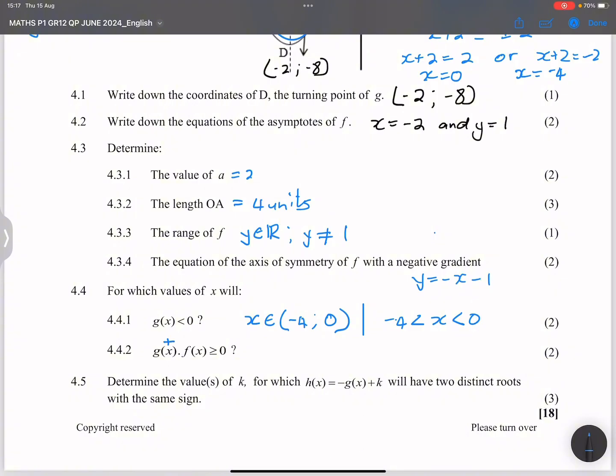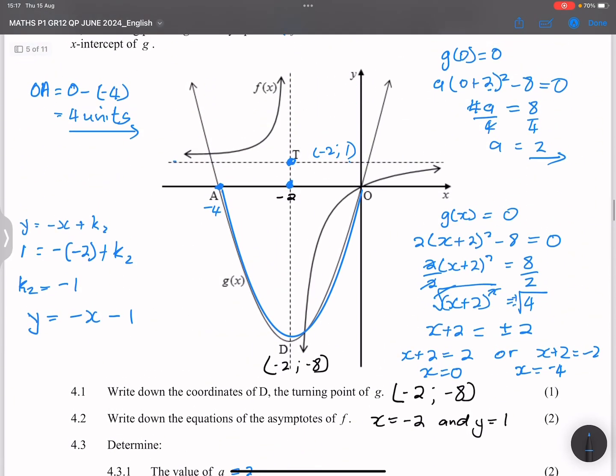When both of them are positive, right? So where are both graphs positive? I can see on the left hand side, on the negative side, that the graph of f is always above the x-axis, so it is always positive before negative 2.